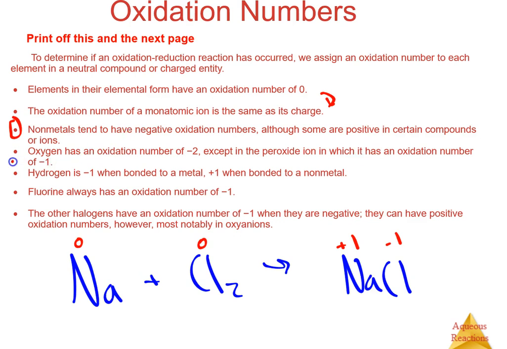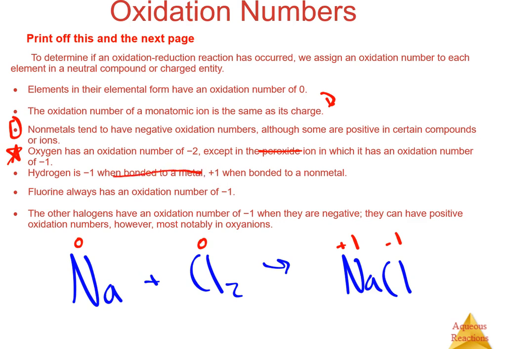This is a very important rule right here. Oxygen is a -2, except for in peroxide, and we don't do peroxide for a while. So just go with the fact that oxygen is a -2. Hydrogen is a -1 when bonded to a metal, but a +1 when it's bonded to a nonmetal.